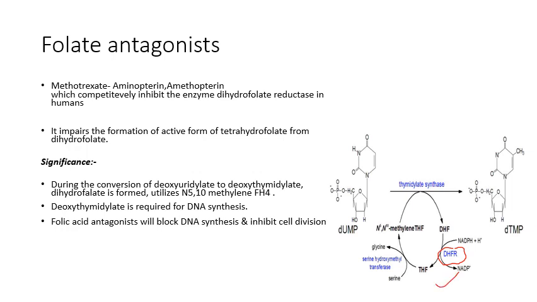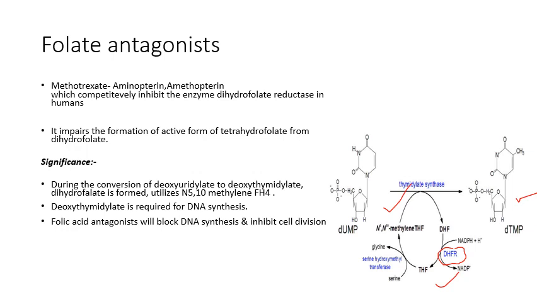The significance is in the specific reaction which helps the conversion of deoxyuridylate to deoxythymidylate, where dihydrofolate is formed by utilization of N5-N10 methylene tetrahydrofolate. Here the deoxythymidylate formed is required for DNA synthesis.